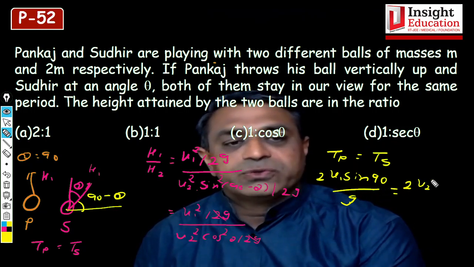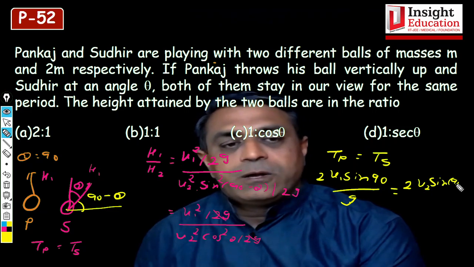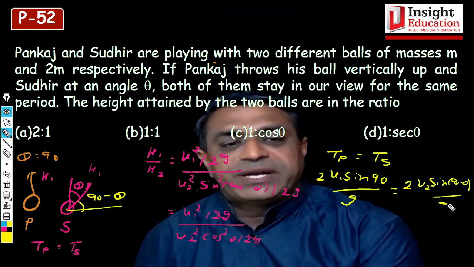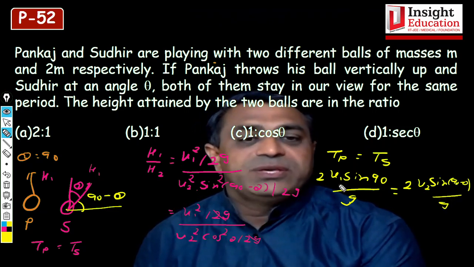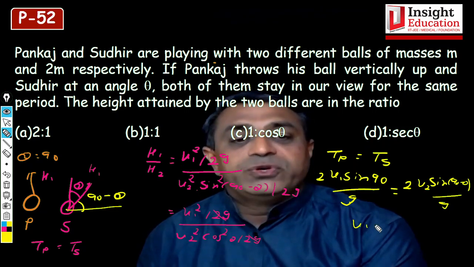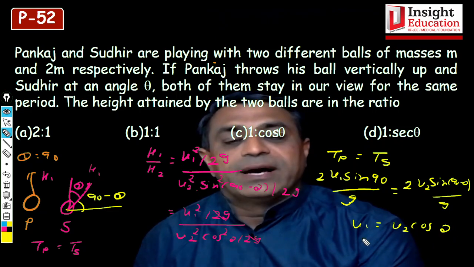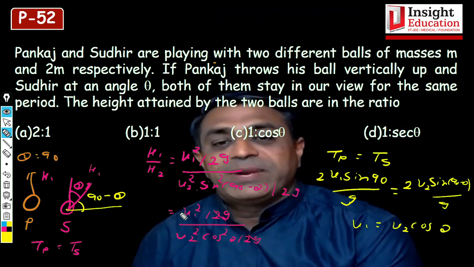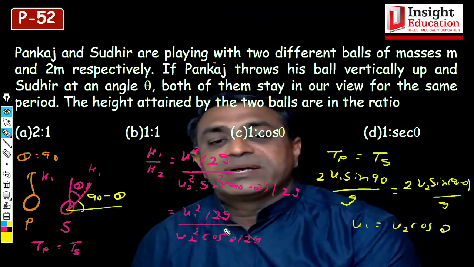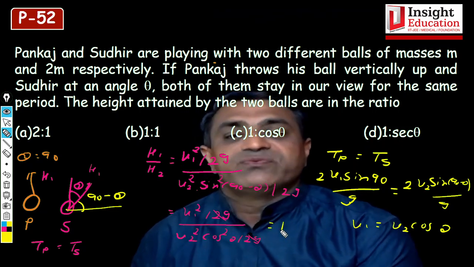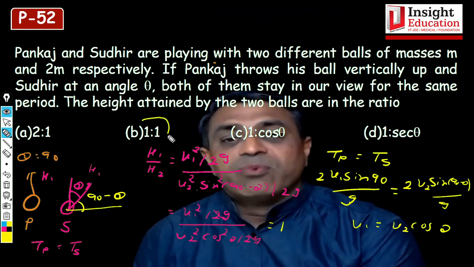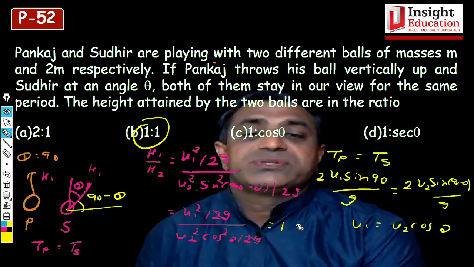Twice u2 sine of the angle, which is 90 minus theta, upon g. So now you can say u1 is equal to u2 cos theta. Replace u1 by u2 cos theta, both are the same. It means the ratio is 1. So in both cases, the ratio is the same.